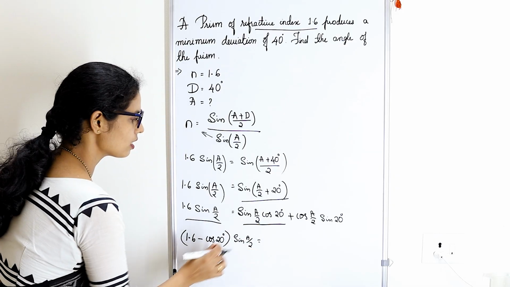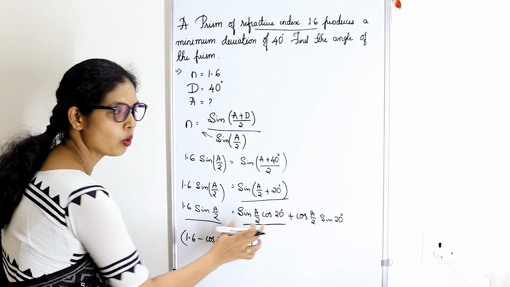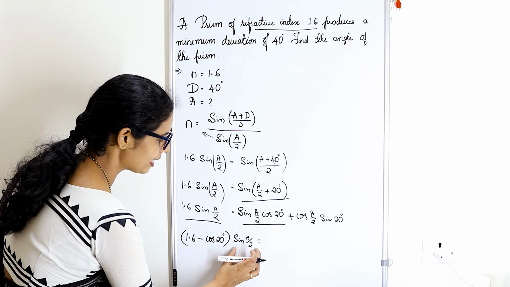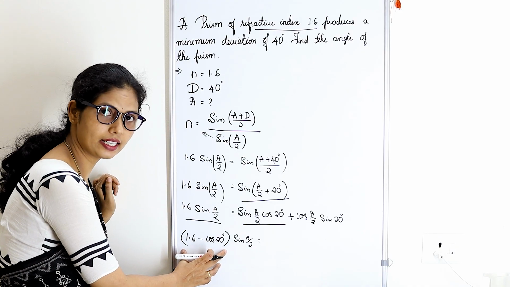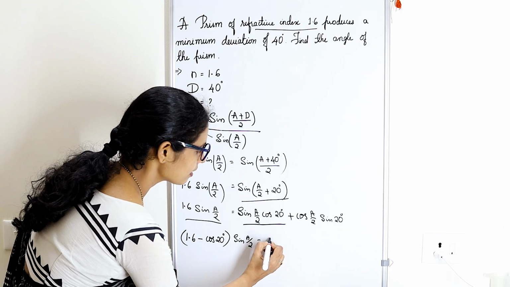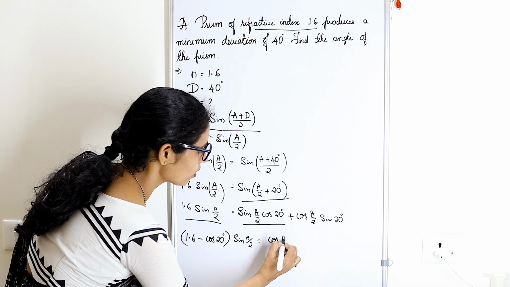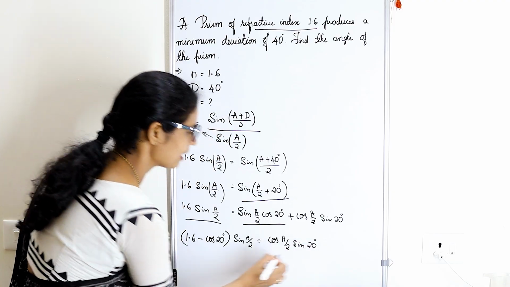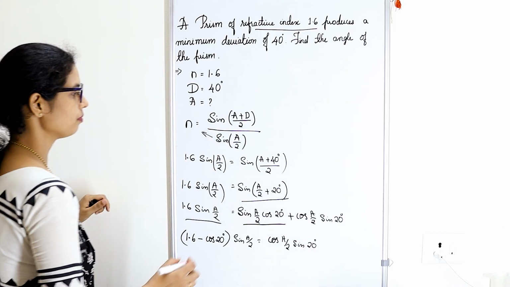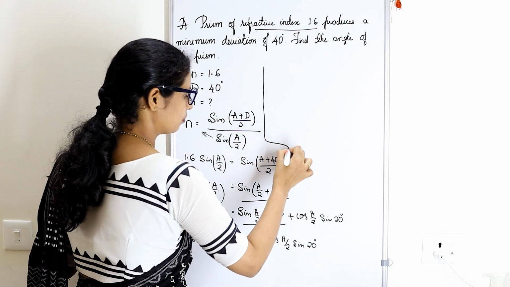Why? Because sin A by 2 is common in both. So you will take sin A by 2 common and keep 1.6 minus cos 20 degree in the bracket. Next, the rest of the value is cos A by 2 sin 20 degree, keep it as it is. I'll write here.